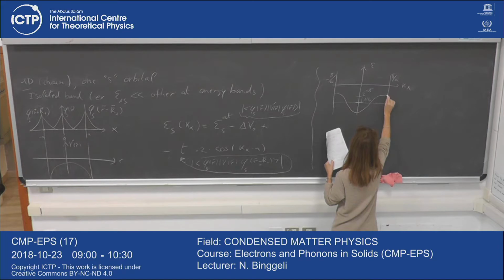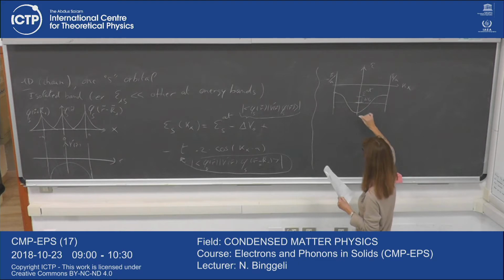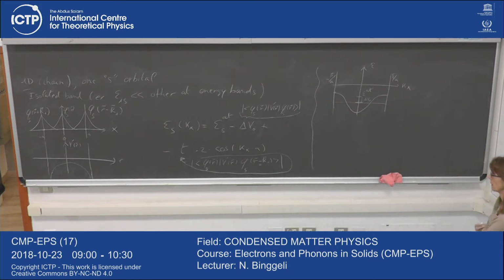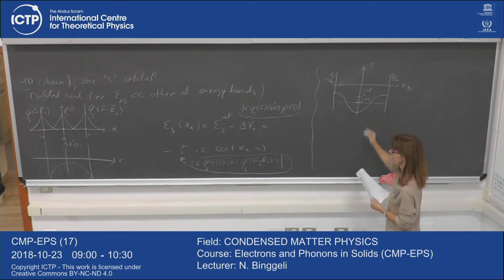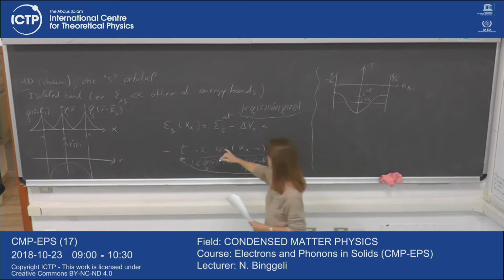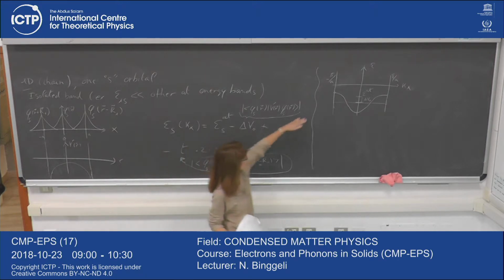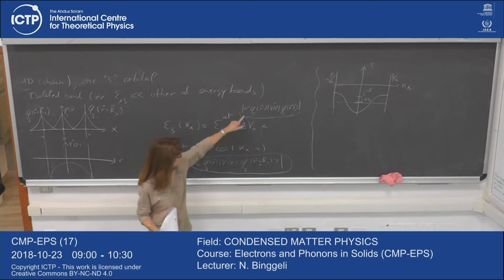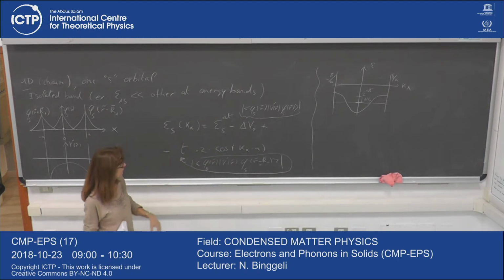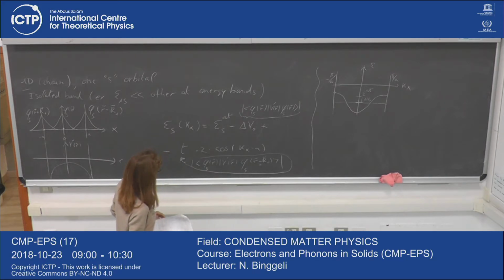I will have a cosine of a wave function here, minus cosine, and the width of this band, so the cosine, the average value will be the one of my first two terms, because cosine goes from minus 1 to plus 1, so the average value is 0.